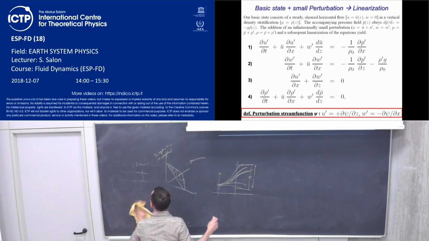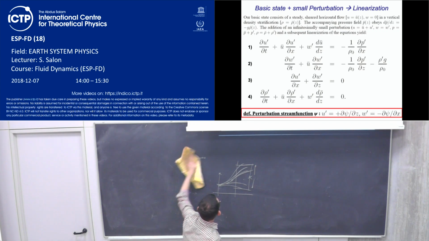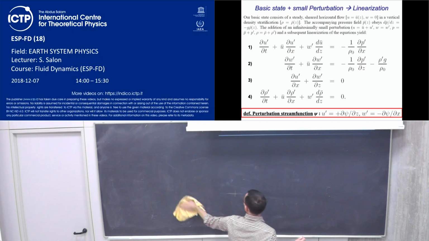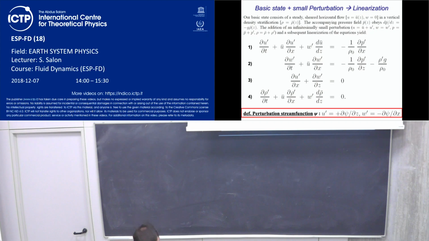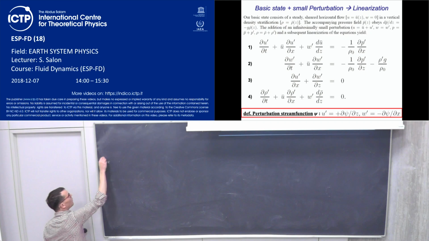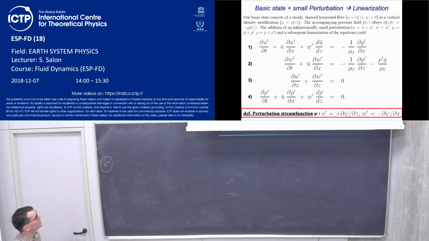Okay, so to conclude what we looked at yesterday, that, as I told, was not including turbulence. What we want to do now is to try to include turbulence, and in particular we want to introduce a quantity which we already found when we looked at the Ekman layer.